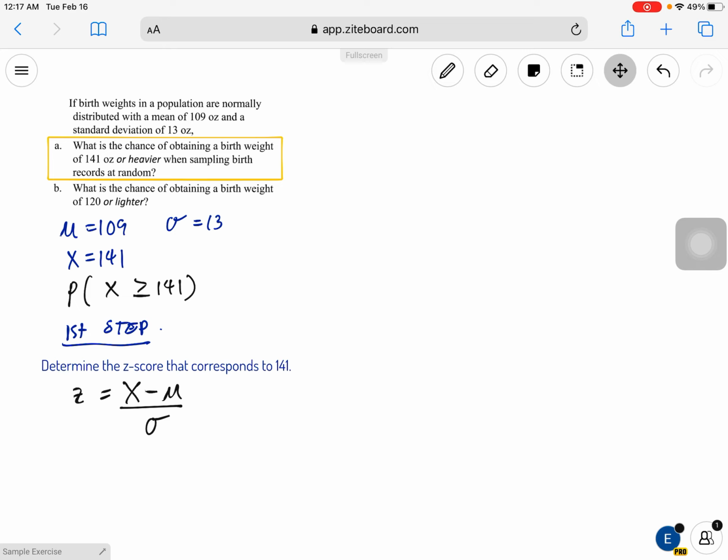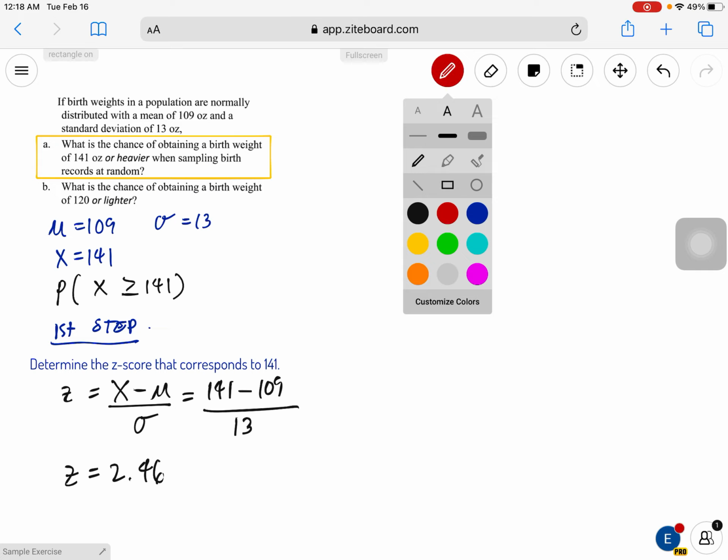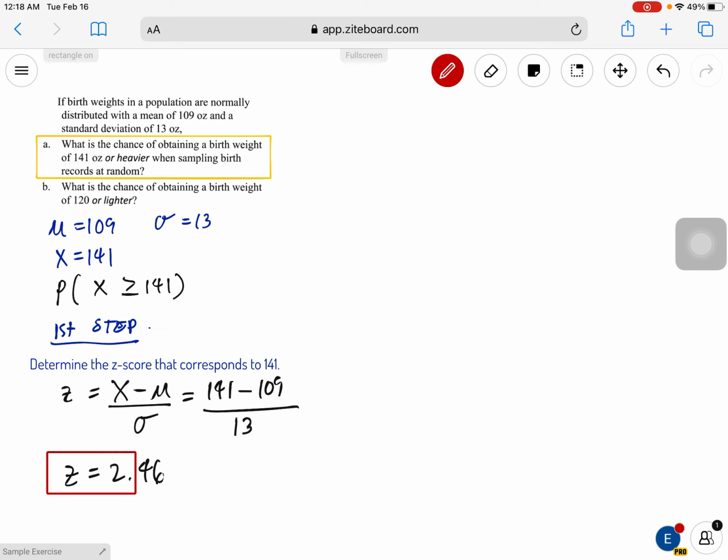We have x equal to 141, so 141 minus mu, the population mean, which is 109, all over 13. If you do the math, the answer here is 2.46. Just verify it using your calculators. So that's our first step.